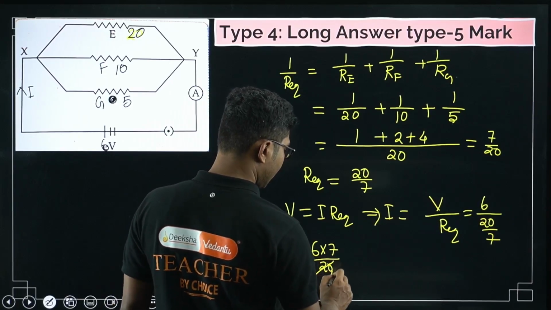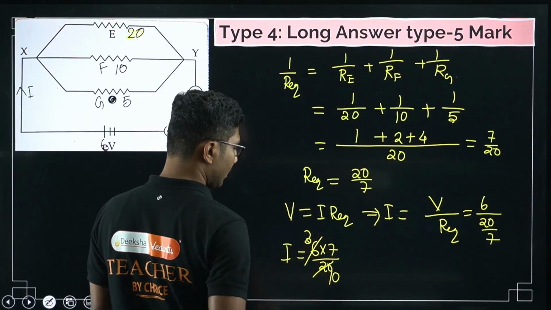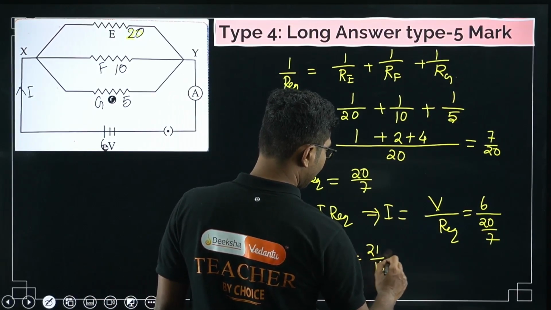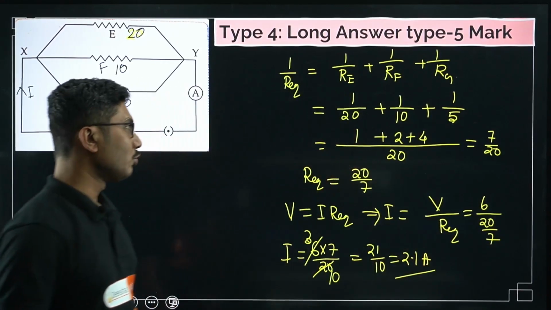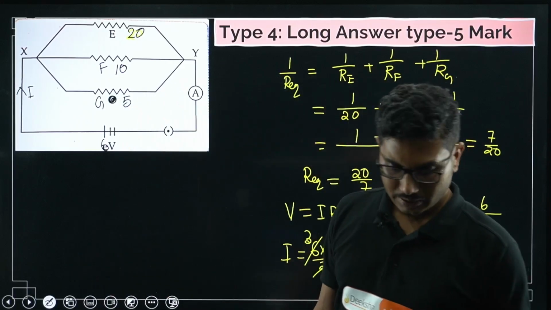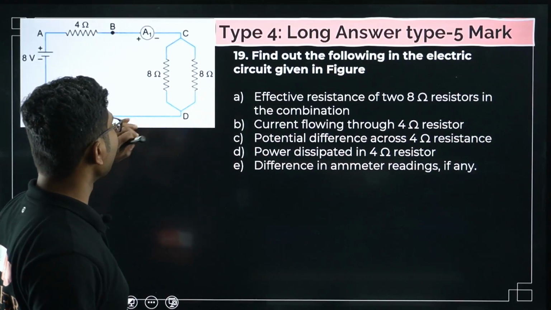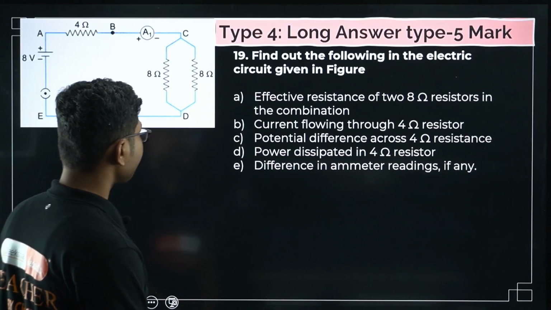So 21 divided by 10, that is 2.1 ampere. So 2.1 ampere is the current in this circuit. Now next question. It is also a similar looking question to the previous one, but the circuit diagram is slightly different.